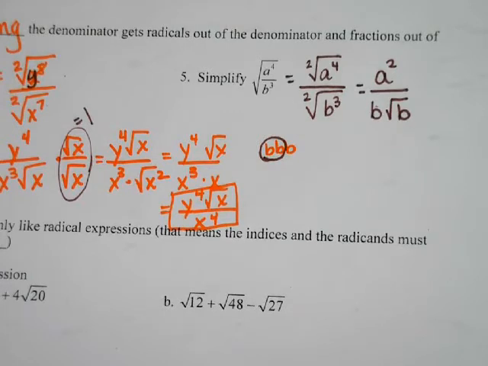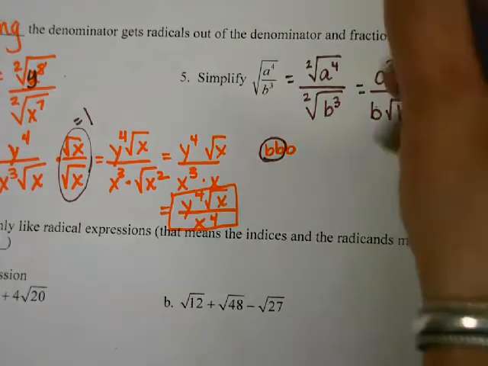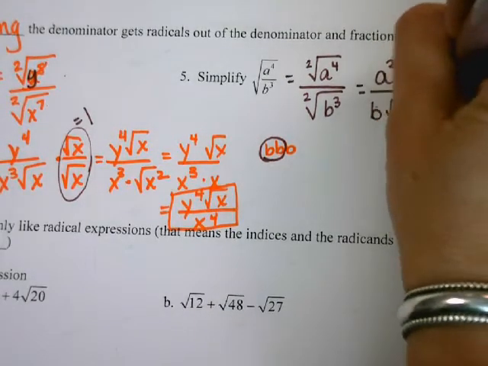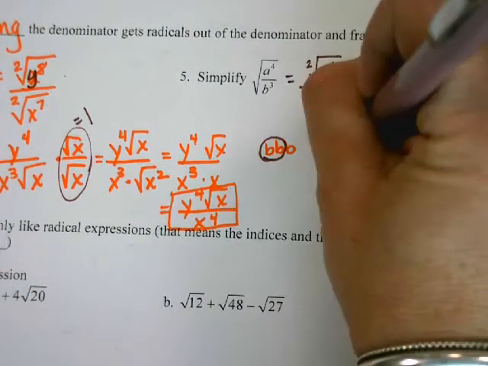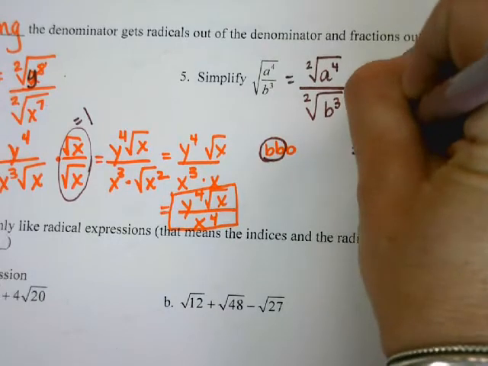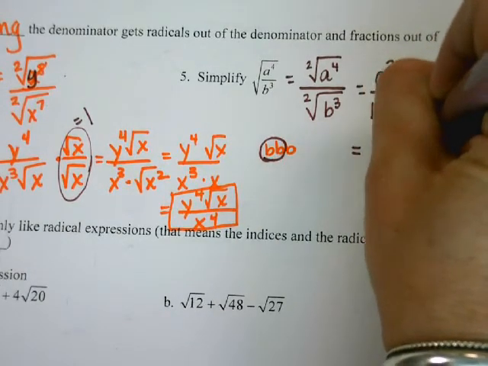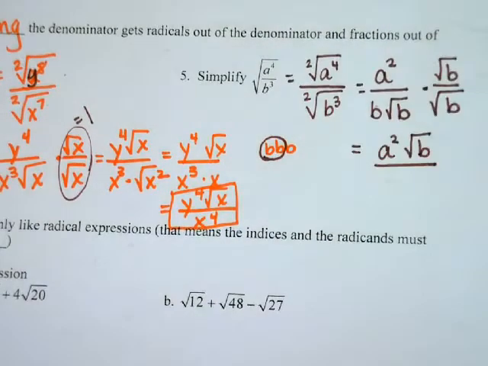I can't leave a radical in my denominator, so what should I give my denominator so it goes away? Another b. So I'm going to multiply by the square root of b. So I get a squared, square root of b, over what?